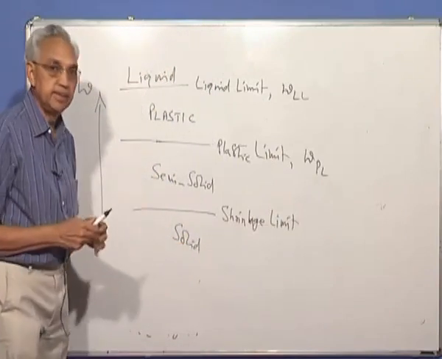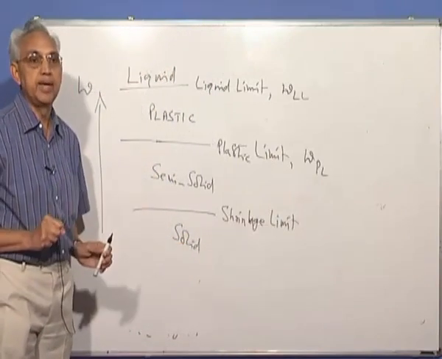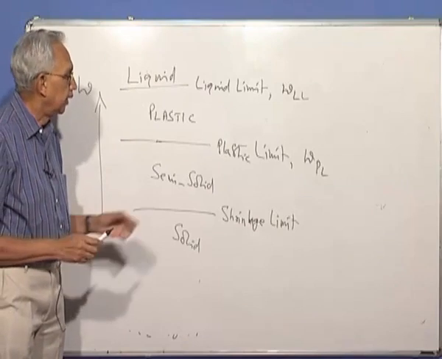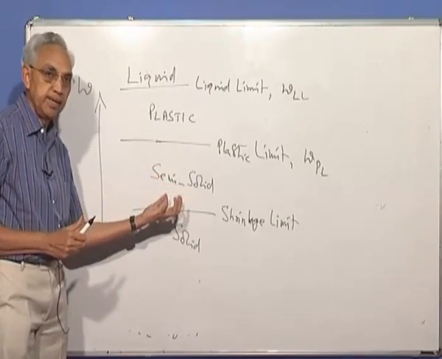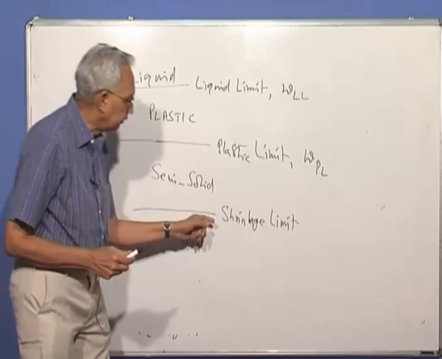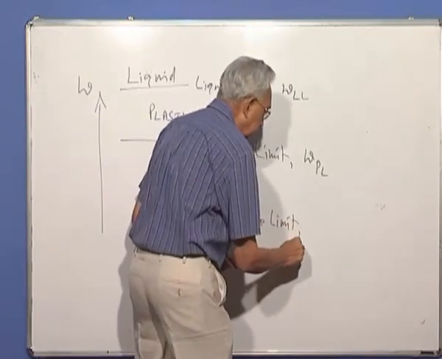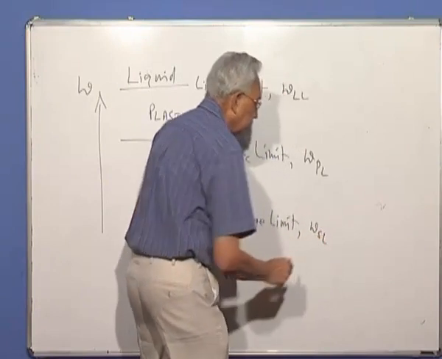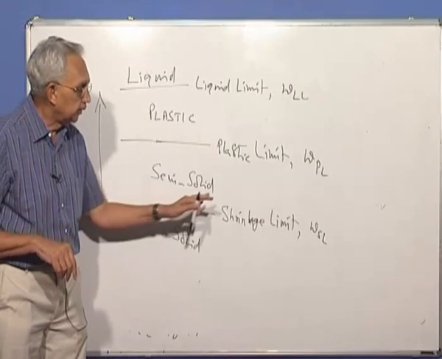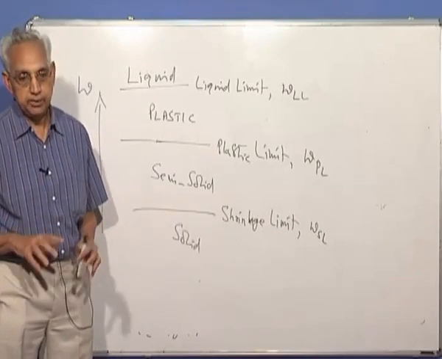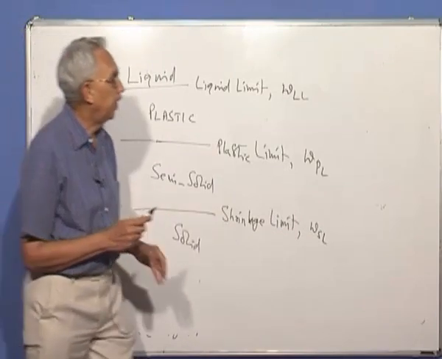In this range, the soil can be molded like any plastic material. And then if I now reduce the water content, it becomes more like a semi-solid. After the final one, which is the shrinkage limit, even if I remove water, the volume will remain exactly the same. So these are the three limits we have to characterize fine-grained soils.